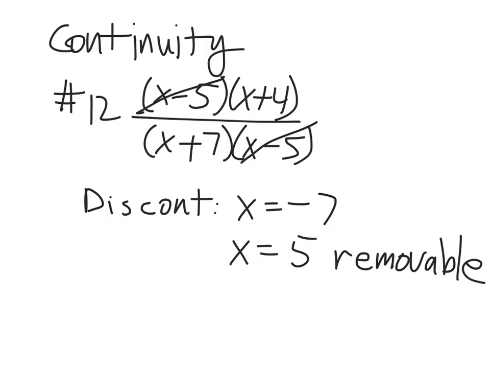We'd have a vertical asymptote at x equals -7. So this was kind of laying the groundwork for later on with the graphing, holes and asymptotes. But that's the continuity. And then we also looked at piecewise defined functions, whether they're continuous or not.